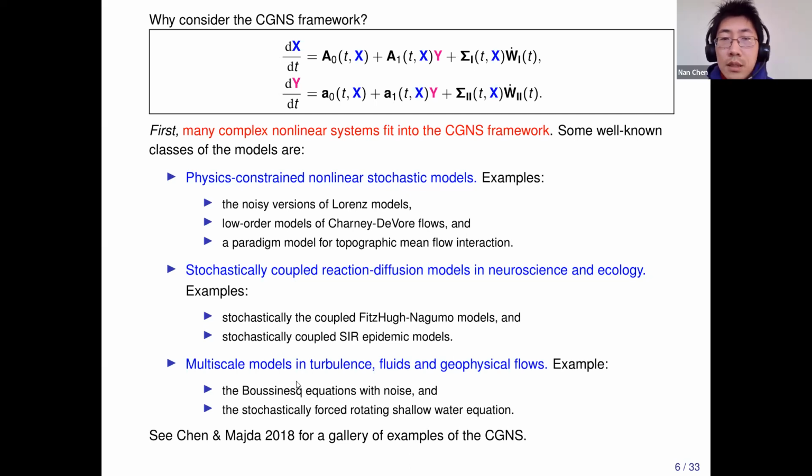Then if we look at atmosphere ocean science problems, you will see a lot of multi-scale models in turbulence, fluids, and geophysical flows that also have such a profile, like the Boussinesq equations and the stochastically forced rotating shallow water equation. We have a review paper which contains, I guess, maybe 30 to 40 models which belong to this framework. So this modeling framework can cover a lot of examples.